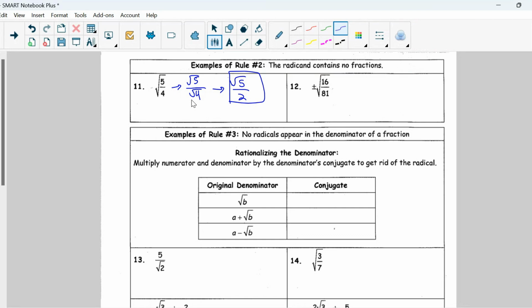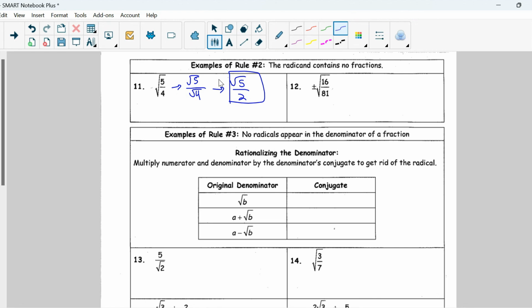All right, rule number 3. No radicals appear in the denominator of a fraction. Okay, I kind of already referred to that in rule number 2 here. So let's multiply the numerator and denominator by the denominator's conjugate to get rid of the radical.